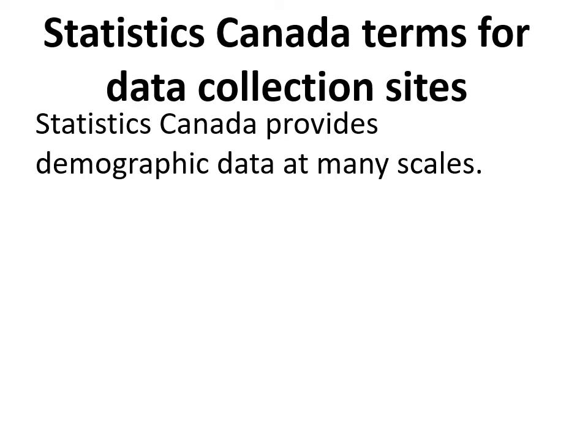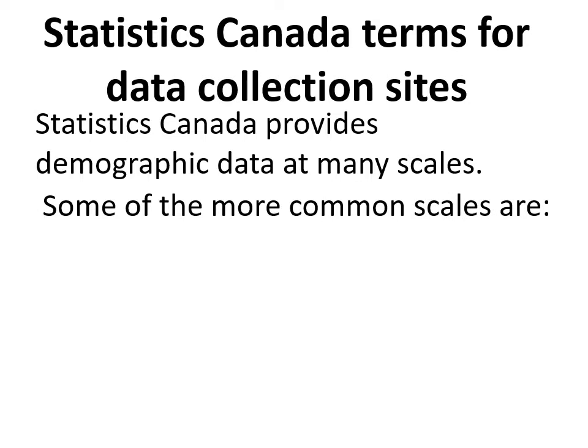So, average household size, the mean age of the population, the number of people between the age of 0 and 4 by sex, all of this stuff is available from Statistics Canada, and it might be useful as background information for your field project in Peterborough, though you'd still also want to collect primary data.